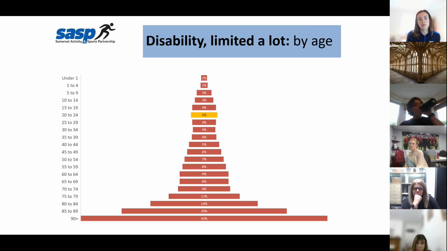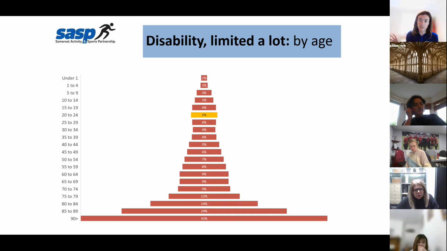We have also been able to look at those who've reported that they have a disability that limits their day-to-day activities a lot by different ages. Here it's every 5 years that you can look at, except for the really young, which is under 1 and then 1 to 4. The results show the overall population in Somerset is getting younger.